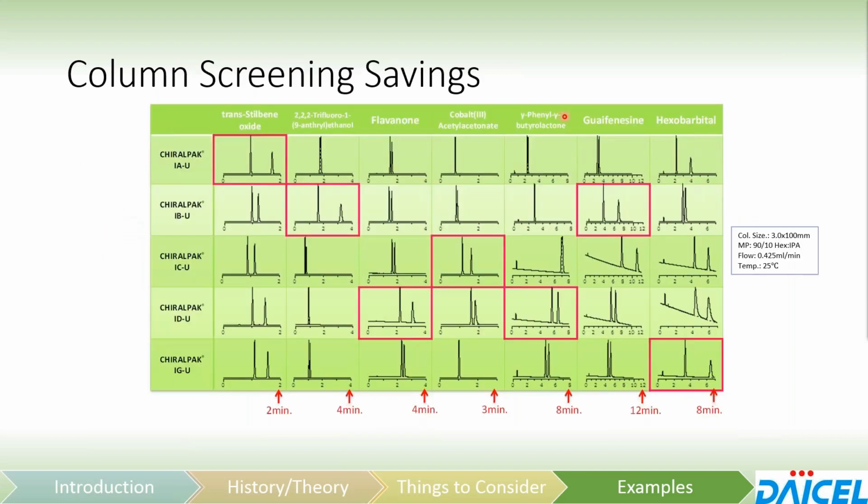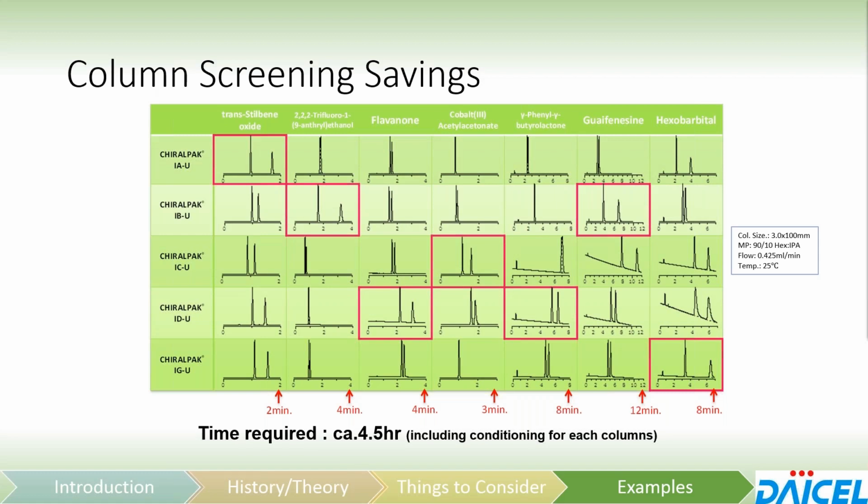So if you put this all together, these are not the same compounds that you saw on the last 2 slides, but they are 7 similar compounds on 5 columns. The IHU is not included in here. But if you were to take all these and set them up in a screening, what would traditionally have taken you on 5 micron probably overnight at least, can now be done with conditioning between each run in under 5 hours.